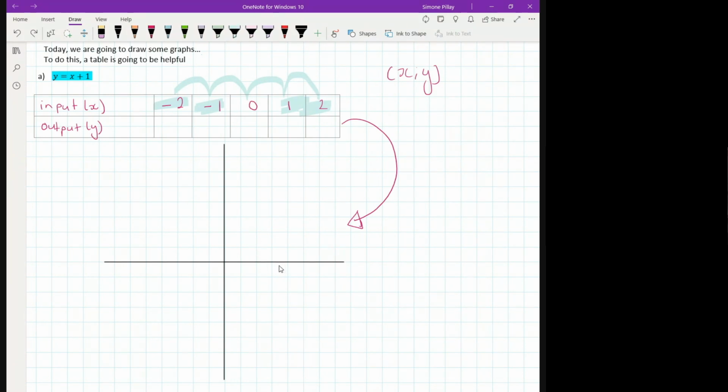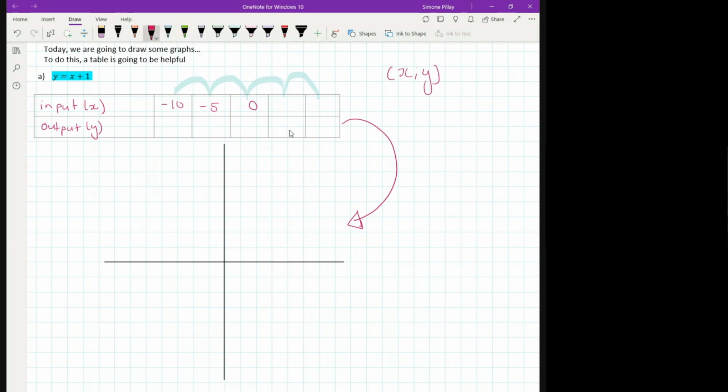I could have gone -10, -5, 0, 5, and 10. It does not even have to be in even intervals.